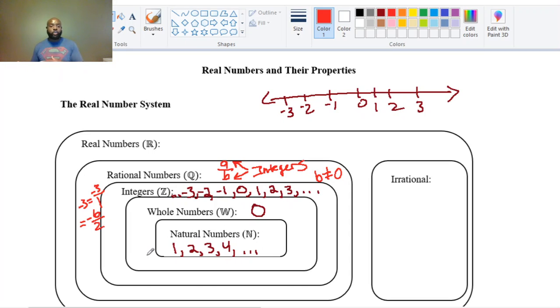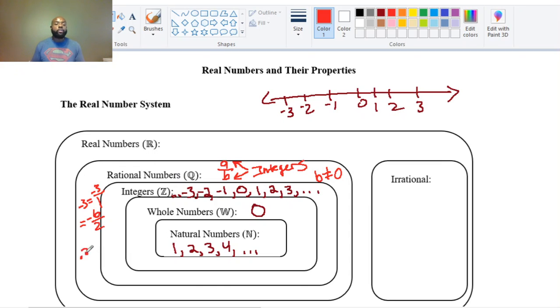Included in the natural numbers is our whole numbers when we add 0. Included in our integers are your whole numbers and your natural numbers, right? So our rational numbers is the biggest set that we have here, and in it, the set of integers is included.